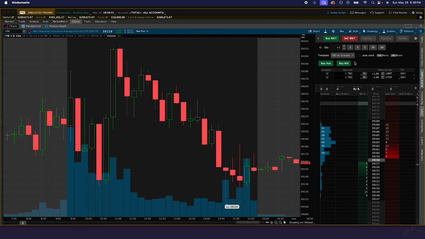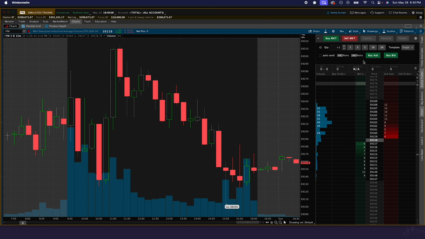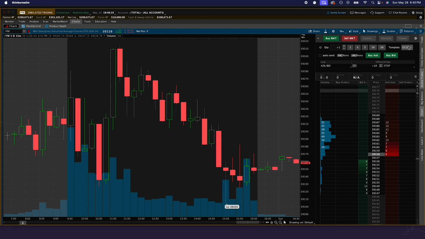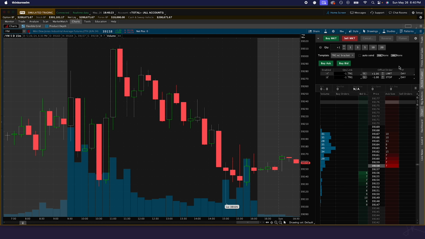If you want to just keep it simple, with the template like we were messing around with before, let me just keep it single. When you first bring up your active trader or the DOM for Thinkorswim, where it says template, you can edit that. Not OCO, I think it's trade with bracket.